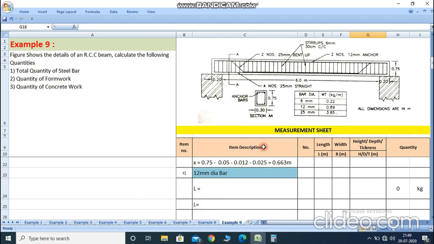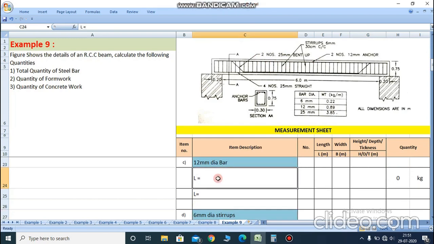Now we find out the 12 mm diameter bar. So here 2 numbers of 12 mm diameter anchor bar are provided. The number is 2, given already in the figure.